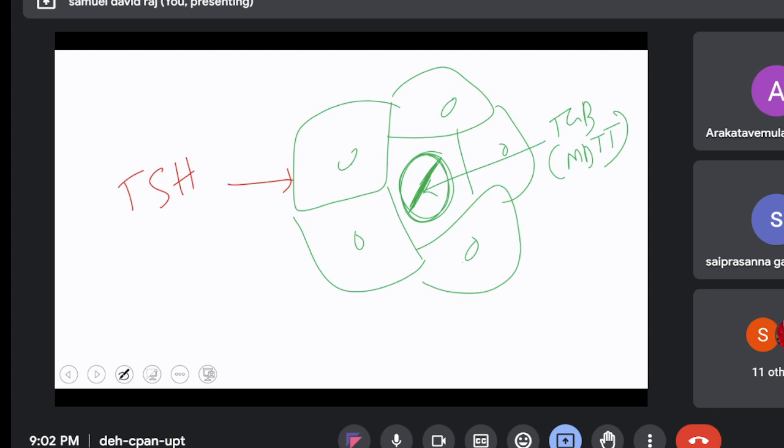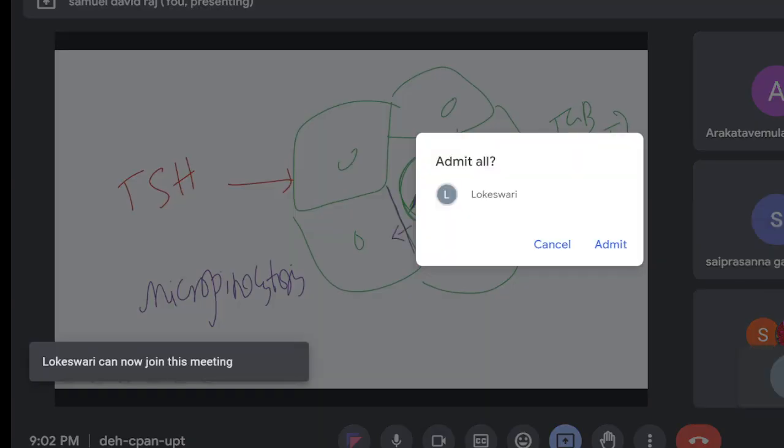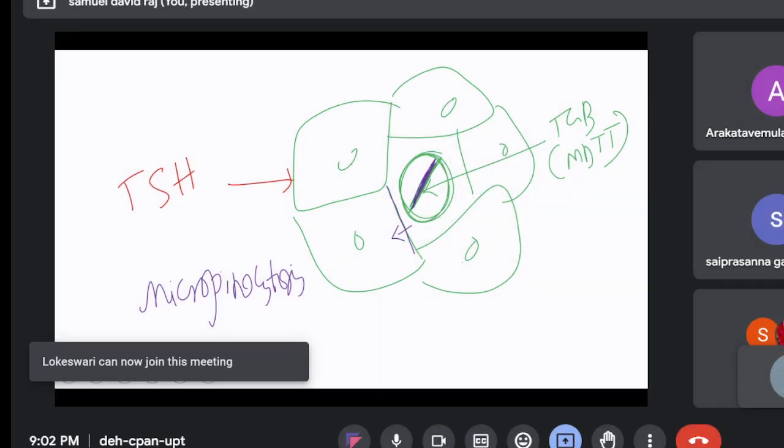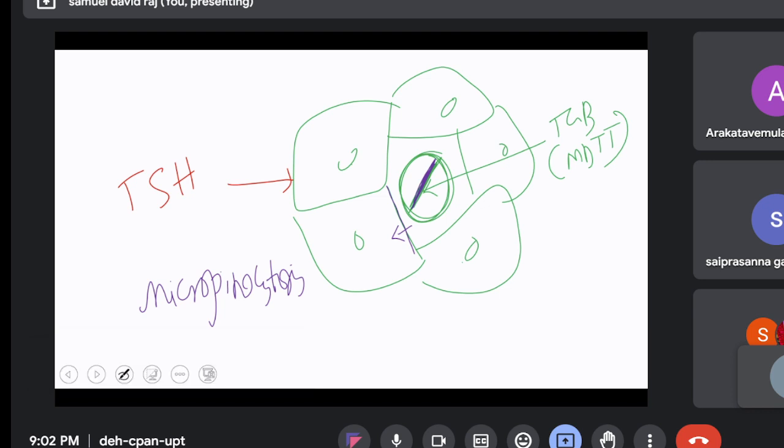Now a process called micropinocytosis occurs. We know that thyroglobulin is a large molecular weight protein. It cannot enter the cell through the plasma membrane. So what has to happen? If this is the cell, this cell forms small pinocytic vesicles into which the thyroglobulin enters.